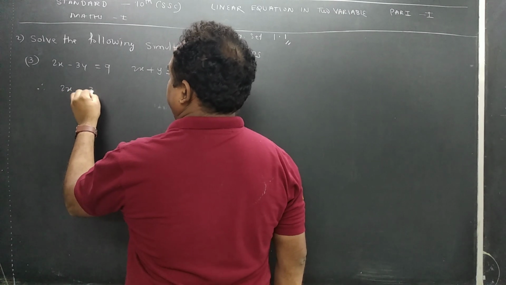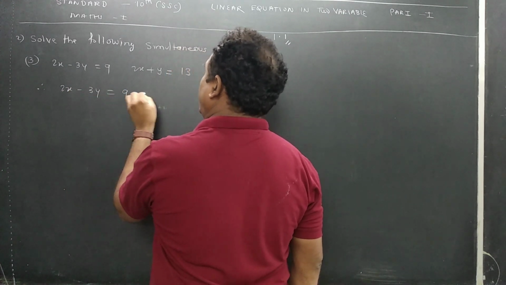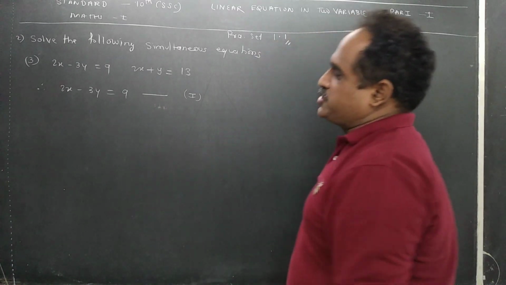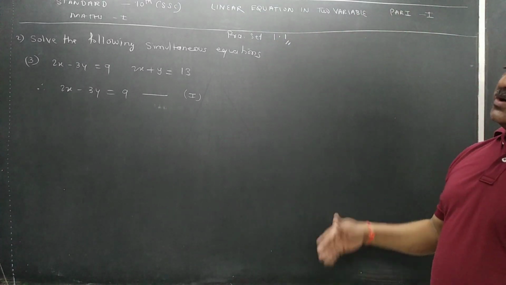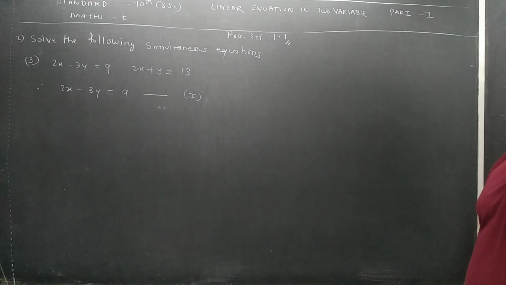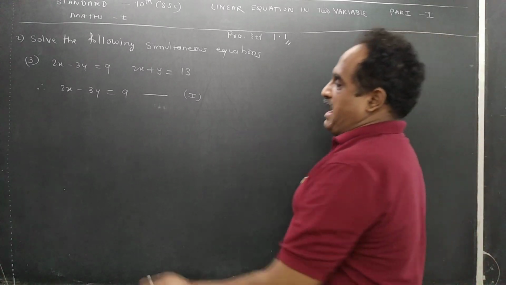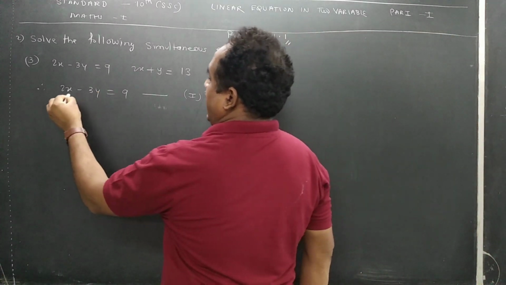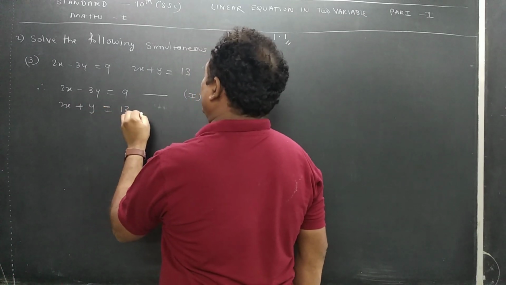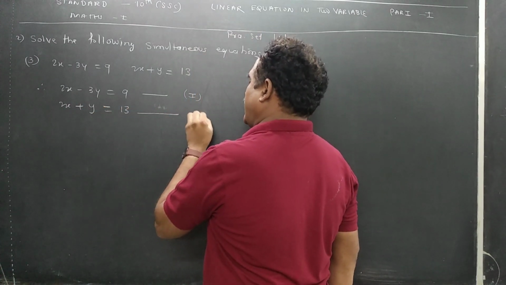Therefore, 2x minus 3y is equal to 9 is equation 1. I will suggest you again, pause the video, try to do it on your own, and then you see the solution of it. Okay, so 2x minus 3y is equal to 9 and 2x plus y is equal to 13 are the equations.